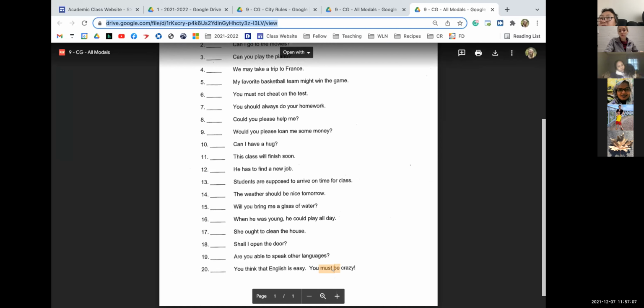We can also use must for making a deduction. Making a deduction is looking at a lot of information and coming up with one idea. Possibility, yeah. It's not possibility, because we're making this idea based on information we can see. Possibility says maybe yes, maybe no. I don't know. Maybe yes, maybe no.